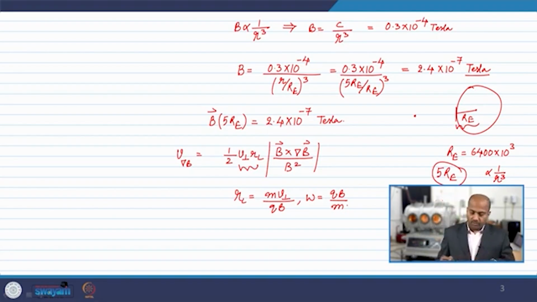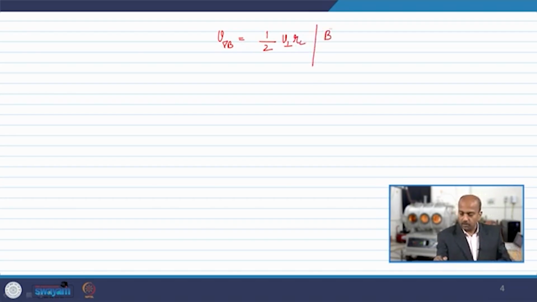Now, let us use this formula. We have to find out the drift velocity V del B. How is it given? It is given by half V perpendicular RL times B cross del B by B square.